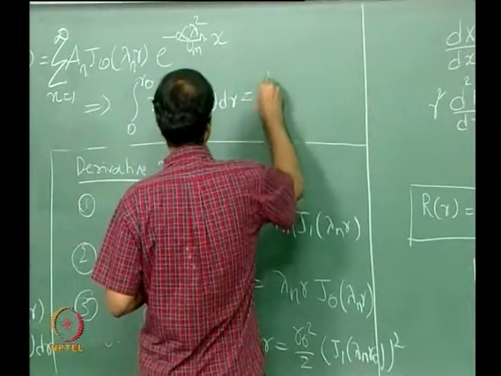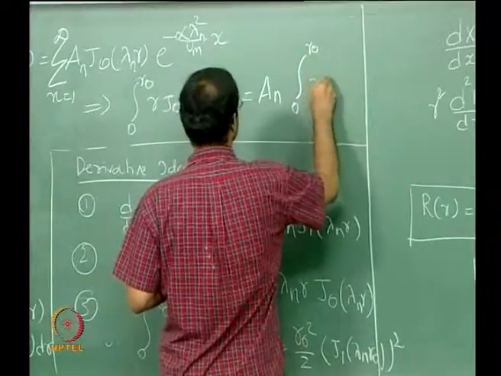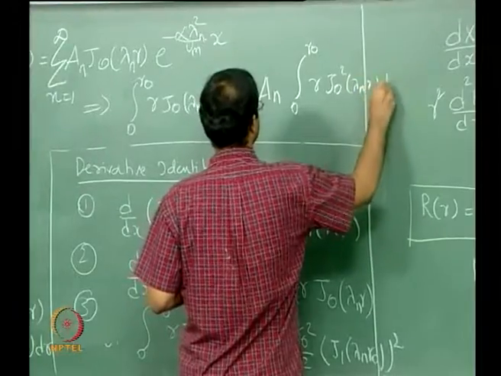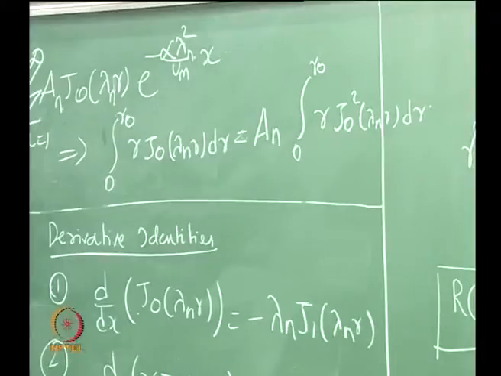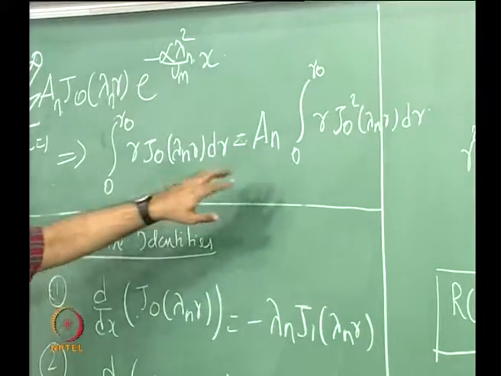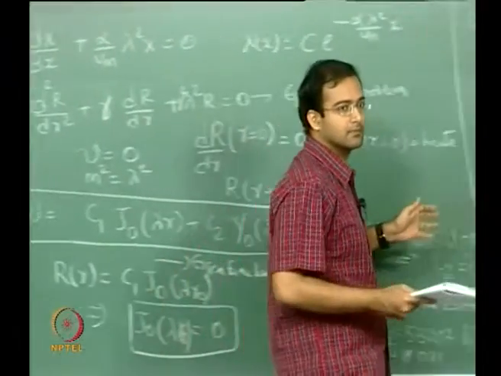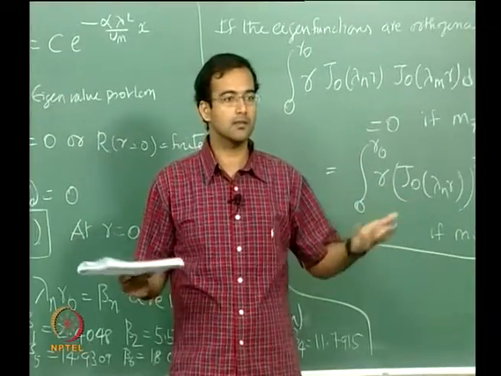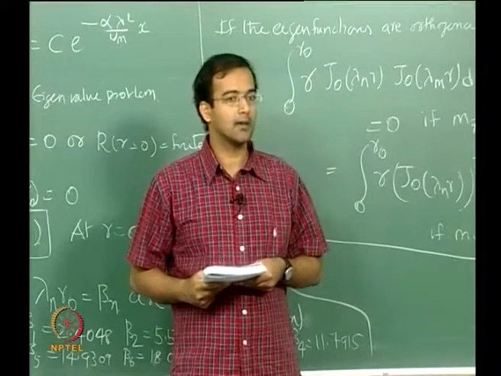So that should be a n into 0 to r naught r J naught square lambda n r dr. Okay. So now you understood. So this reduces to this particular expression here. So the summation is now gone, because for m not equal to n, those values are all 0. So whatever remains is where your m equal to n.